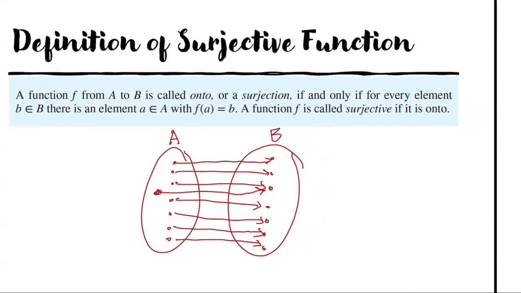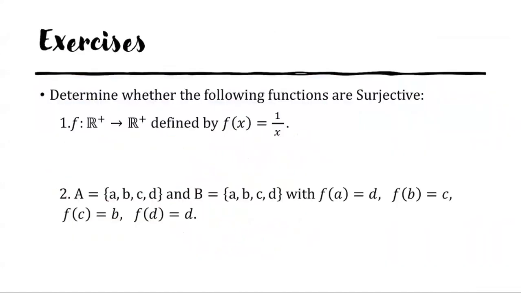Okay. Now let's look at the example here. The first example: we want to check if f from positive real numbers to positive real numbers, with f of x defined to be 1 over x, is a surjective function.